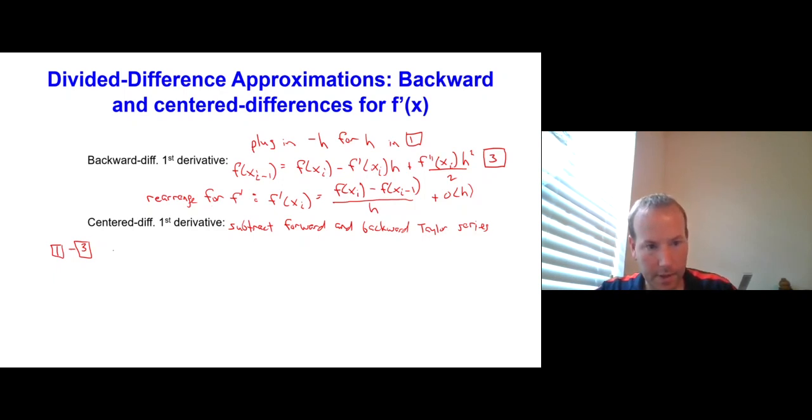And so that gives us f of xi plus 1 from equation 1, and from equation 3 is f of xi minus 1. Okay. And then notice the zero order terms are the same, so that cancels out.